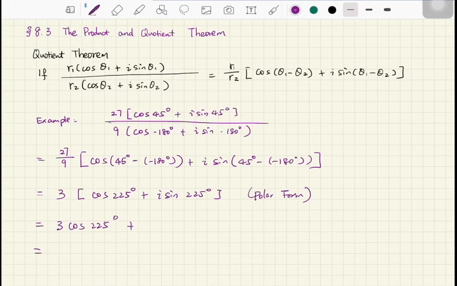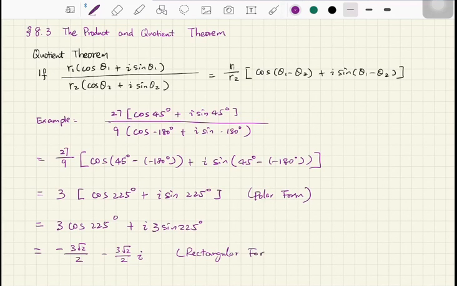So I'm just going to write out this part: negative 3 square root 2 over 2. And then sine of 225 still has a reference angle of 45 in quadrant 3, so it is also going to be negative square root 2 over 2. So negative 3 square root 2 over 2 i. And this is the rectangular form.